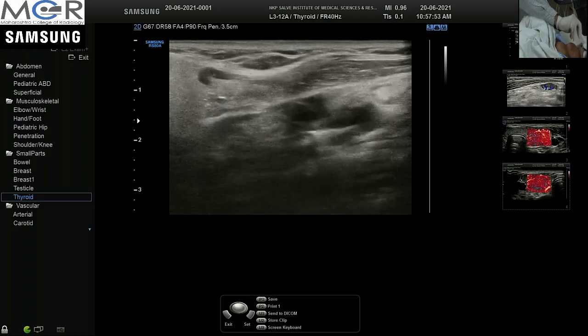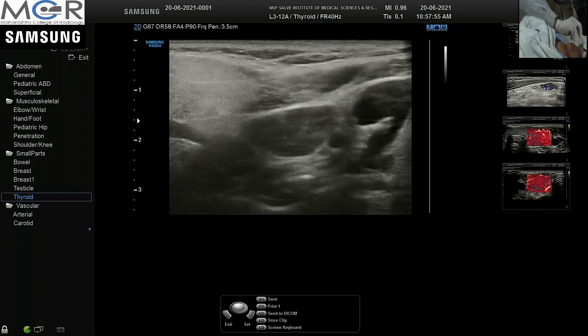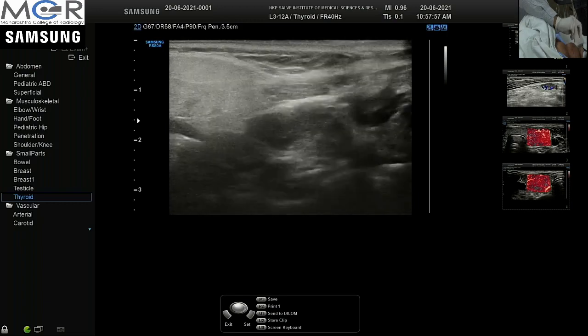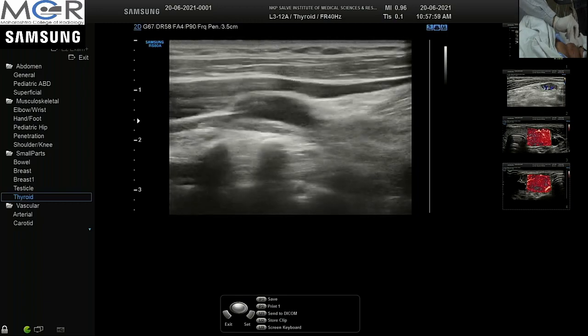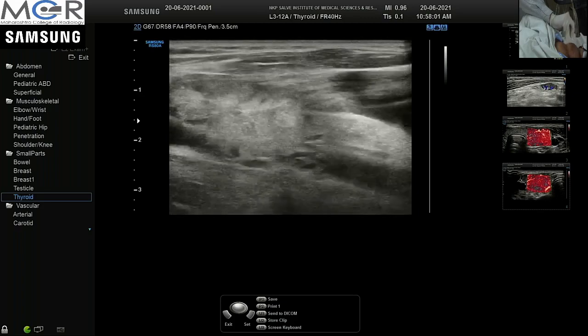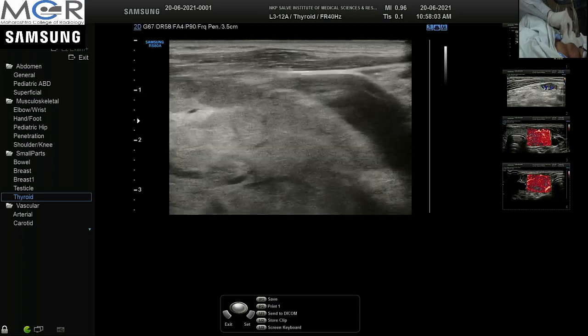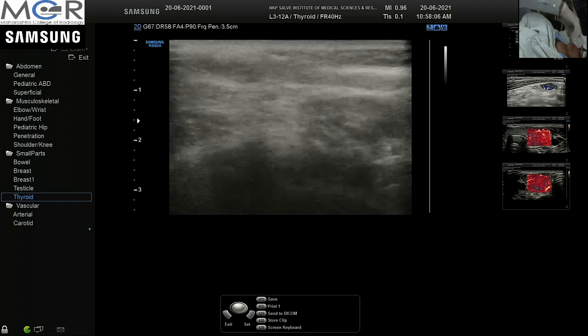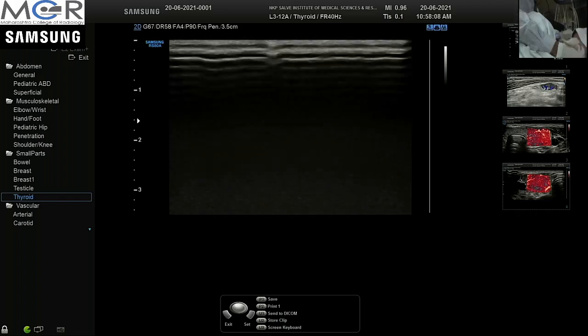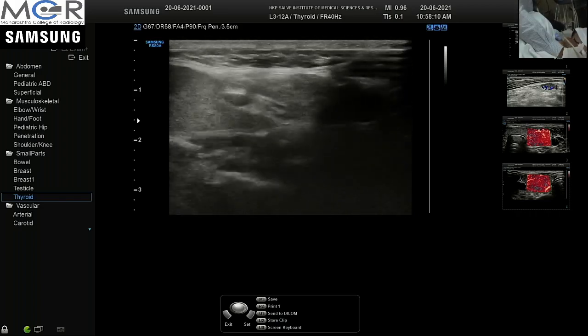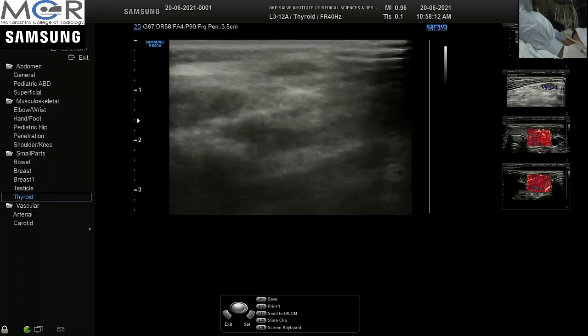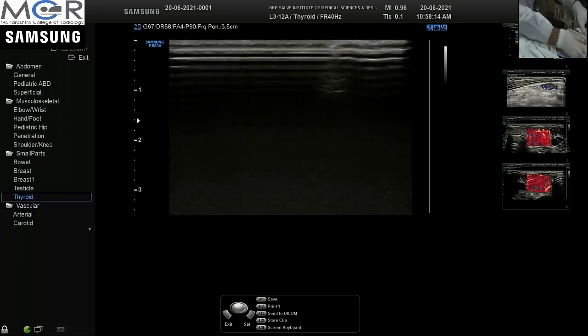We had seen certain nodes here. Just confirm that this is a big node but shows normal characteristics, and there are no significant nodes. A quick look at the other side, because sometimes you can have concomitant pathologies.